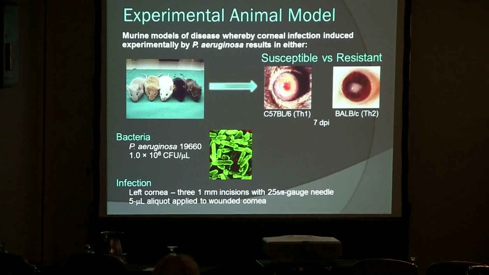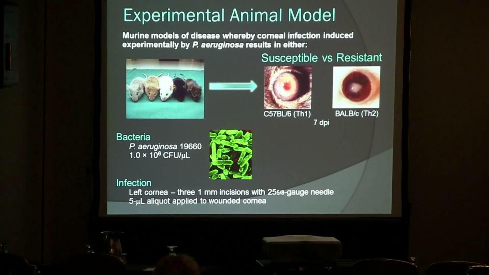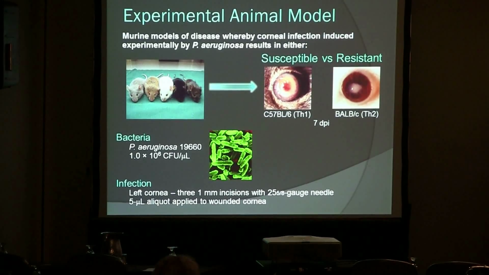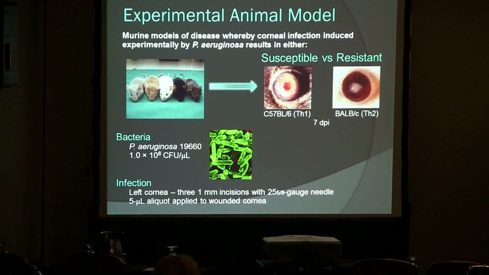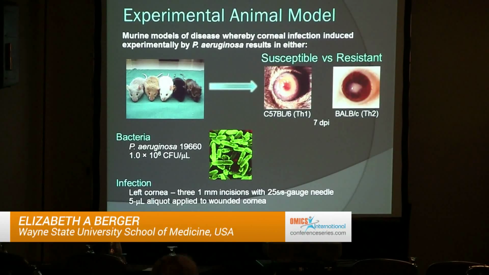It's a gram-negative opportunistic rod, and depending on the type of mouse that we use, we can get one of two responses. If we infect C57 Black 6 mice, which are typically categorized as Th1 responders, the cornea perforates, and this would be our susceptible phenotype. If we infect the BALB/c mouse, which is defined as a Th2 responder, the cornea tends to heal by 7 days post-infection, and this would be our resistant phenotype.